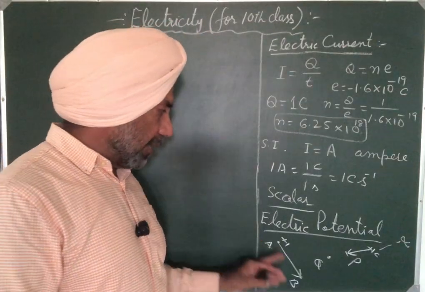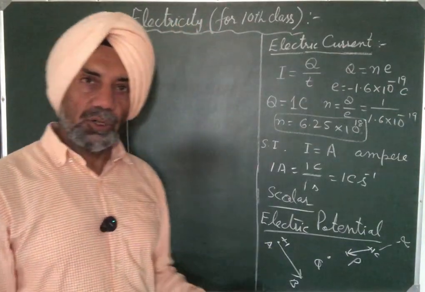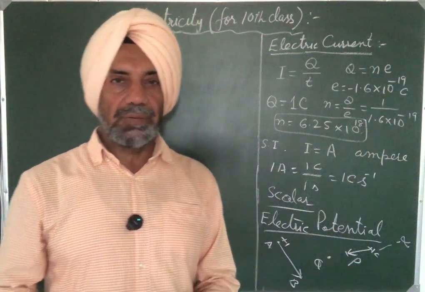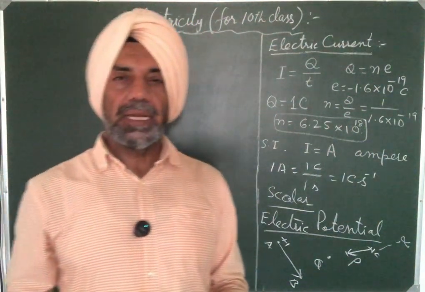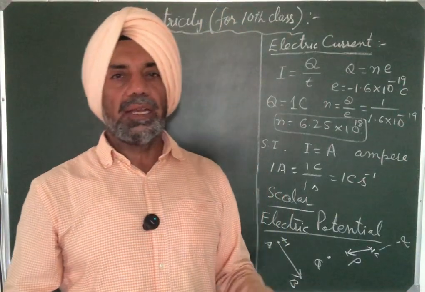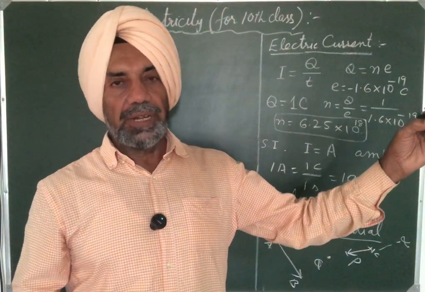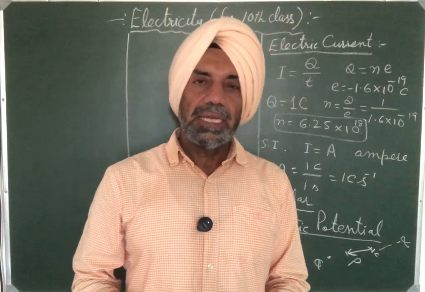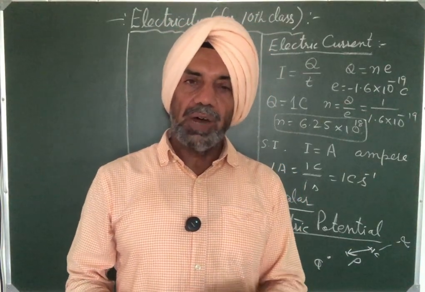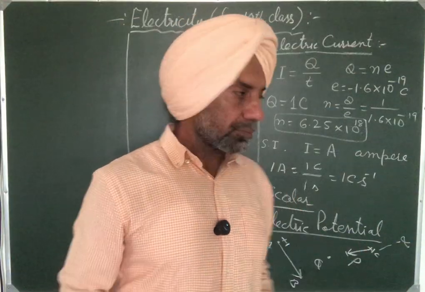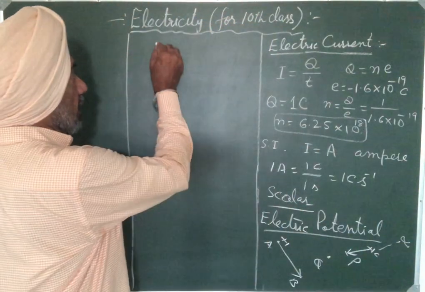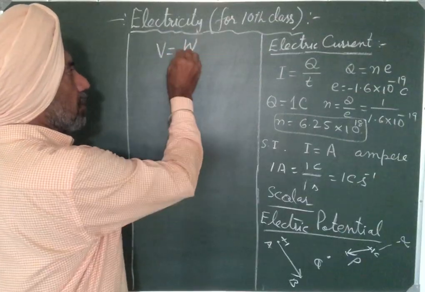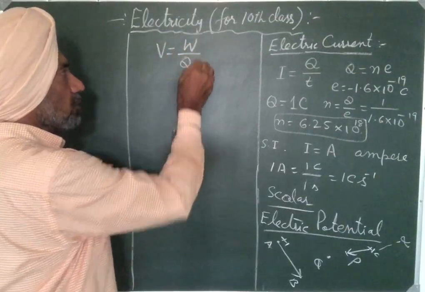And at A and B at finite distances, potential is not 0, so we define potential difference. So there is a difference between potential difference and electric potential. So again I repeat, electric potential is the amount of work done in bringing a unit charge from infinity to a given point. Potential difference is defined as the amount of work done in bringing a unit charge from one point to another point. Clear? So electric potential V is defined as amount of work done per unit charge.